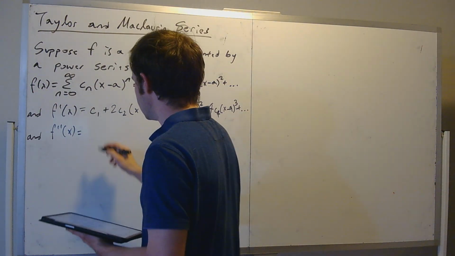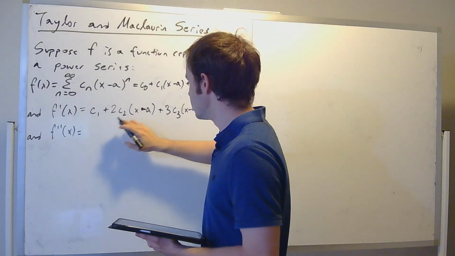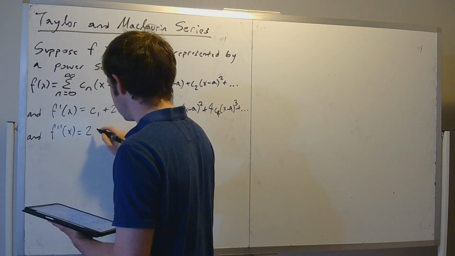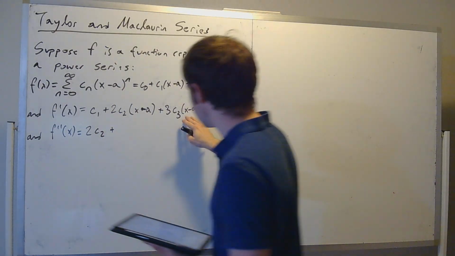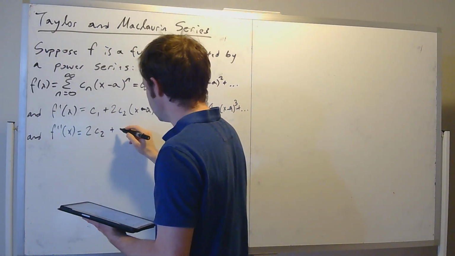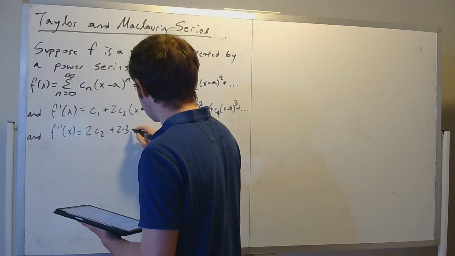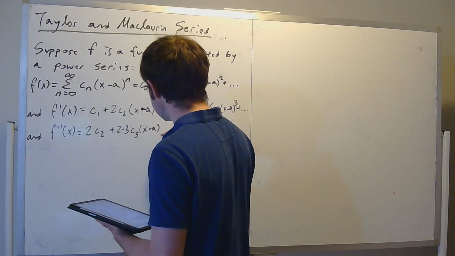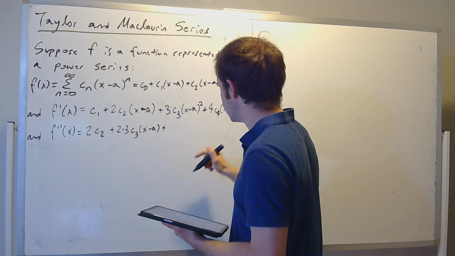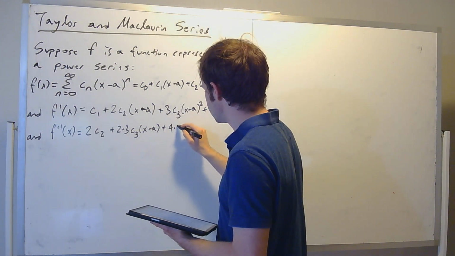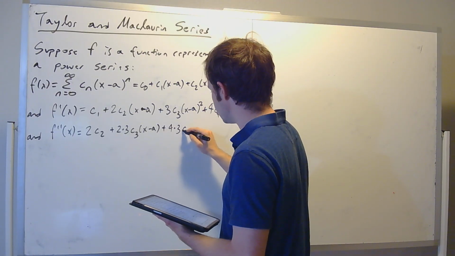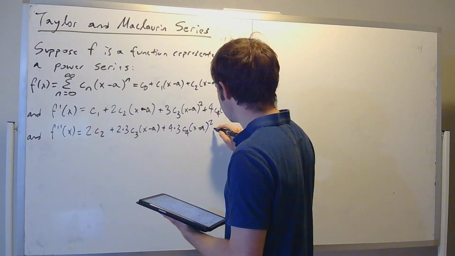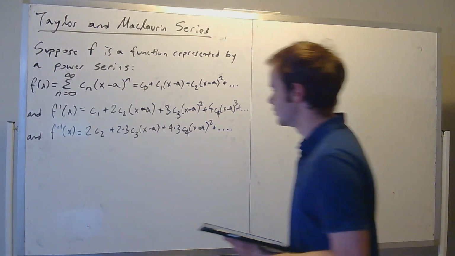Then what you're going to get is, well, this constant term is going to go away. If you take the derivative of this one, you're going to get 2 times C2, plus if you take the derivative of this term, you're going to get 2 times 3 times C3 times x minus a, plus if you take the derivative of this term, you're going to get 4 times 3 times C4 times x minus a squared, and you just keep going, and so on.